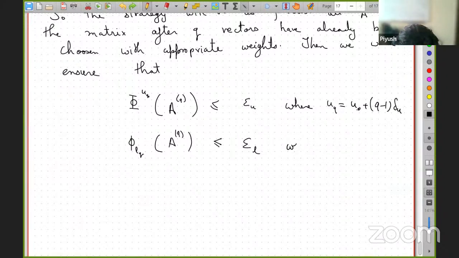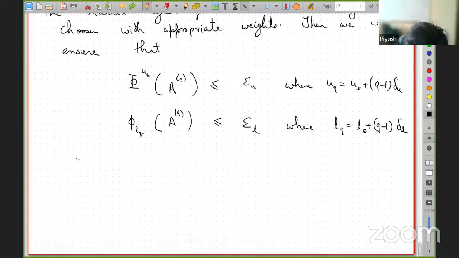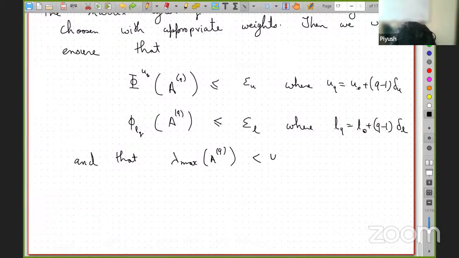Similarly, l_q will be the initial l plus q minus 1 times delta_L. And lambda max of A_q is less than u_q, and lambda min of A_q is greater than l_q.